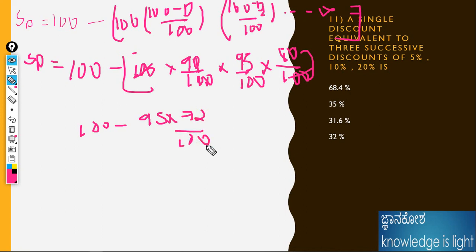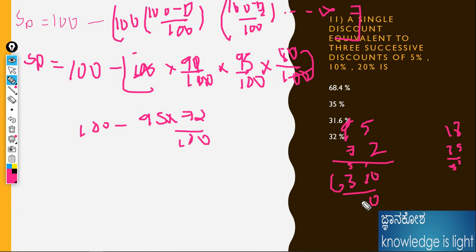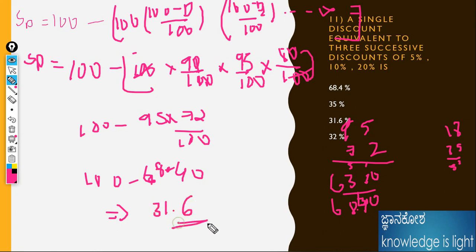Okay, then multiply 95 by 72, which gives 68.40. So 100 minus 68.40 is the answer, which should be 31.6 for this question.